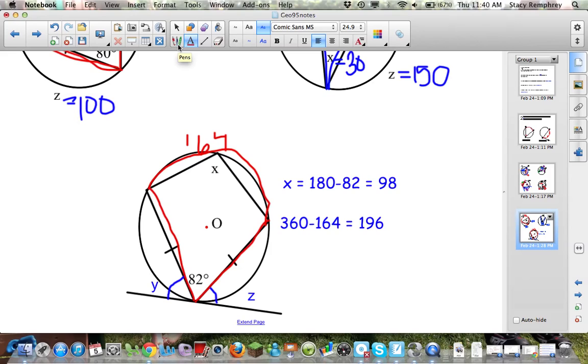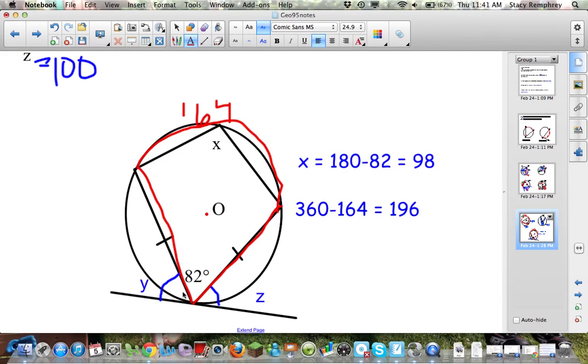So 42, does that sound right? The other piece I could use here is 82. Y and Z are 180 minus 82 is 98. Y and Z are both equal because if you look, equal chords equal arcs. So they're both half of equal numbers.